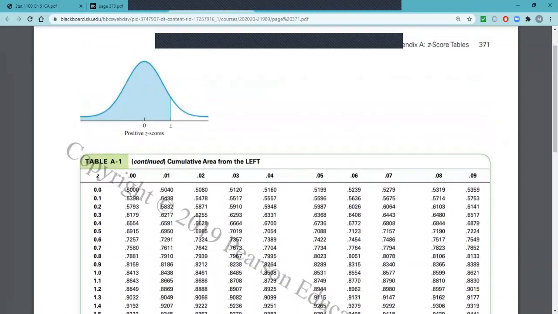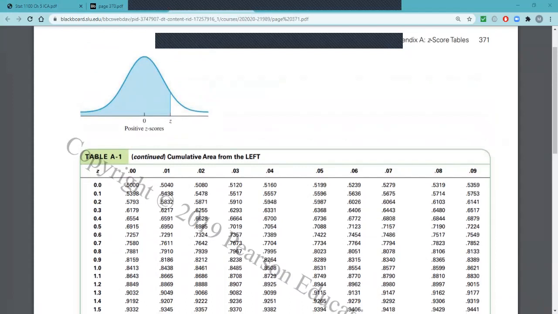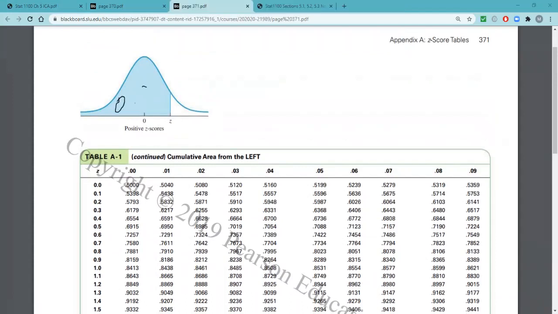Okay, so remember what we're looking for is about 0.9500 or 95% to be to the left of our z-score.